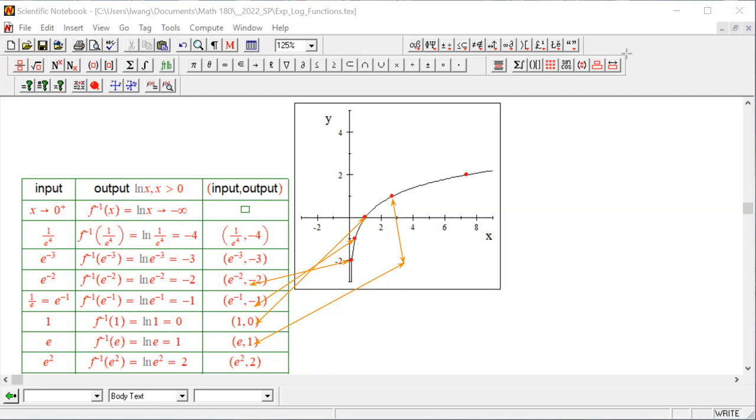But anyway, let's look at these two functions that are inverse to each other, okay?